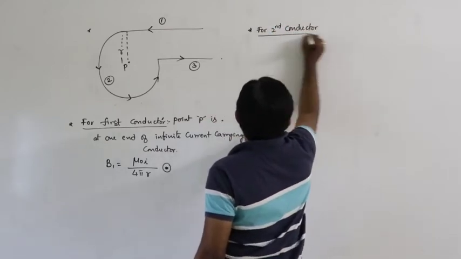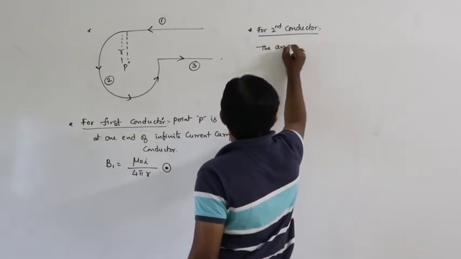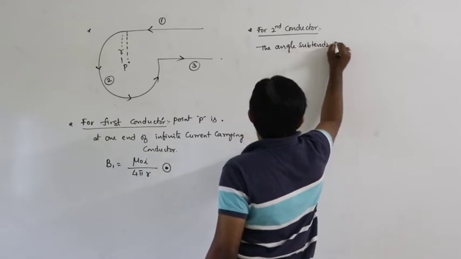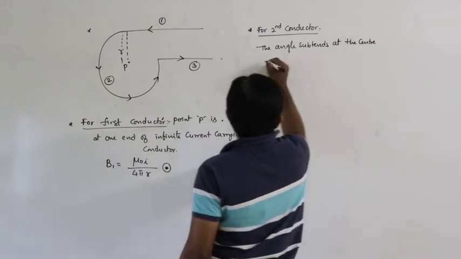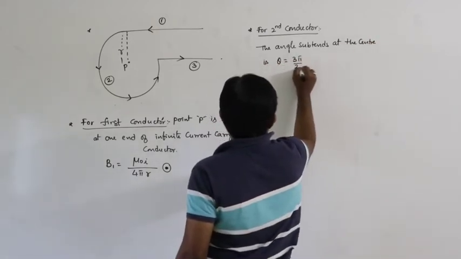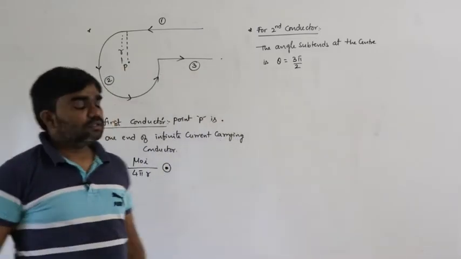For the second conductor, the angle subtended at the center, what is that angle? Theta is equal to 3 pi by 2, that is 270 degrees. So it is 3/4 of the circle.